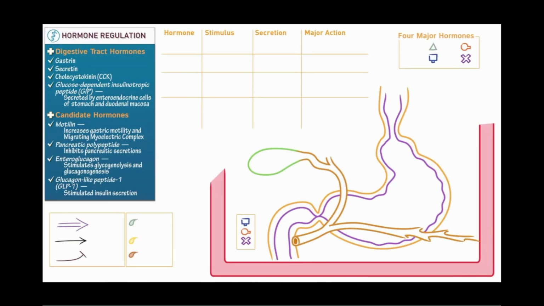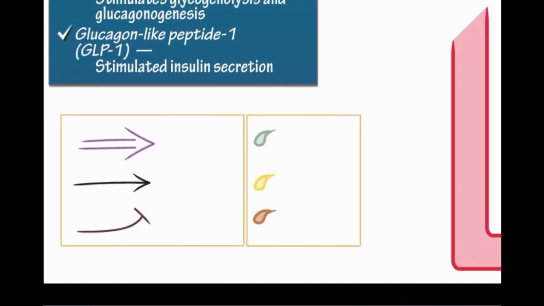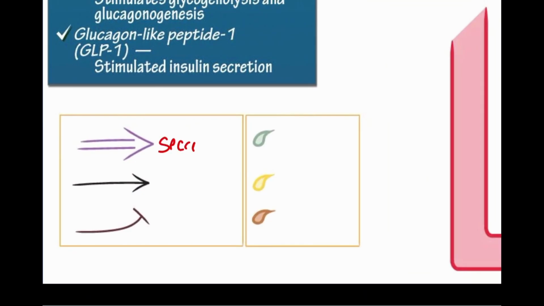Okay, so let's go through the different hormones and how they're secreted from the body. On the bottom left, the purple arrow means secretion. The one line with the arrow is going to excite, and the one arrow with the line is going to inhibit.